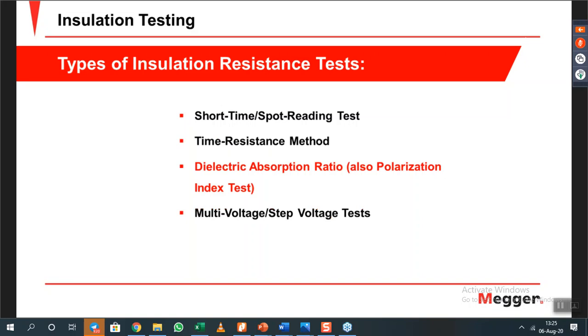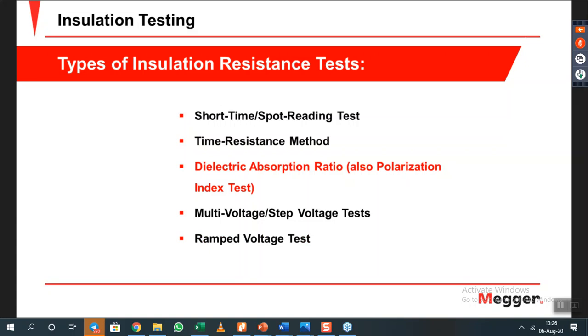And we have this multi-voltage or step voltage test and the ramp voltage test. These two are somewhat the same, because these tests are based on the principle that whatever voltage you inject, the resistance should be identical or the same.